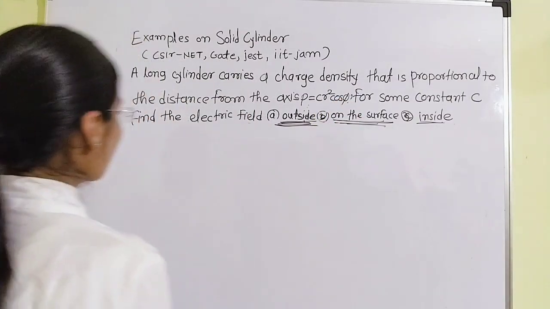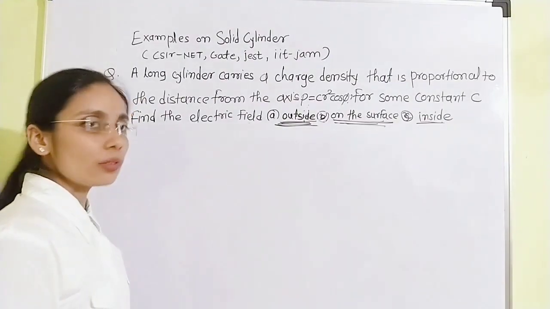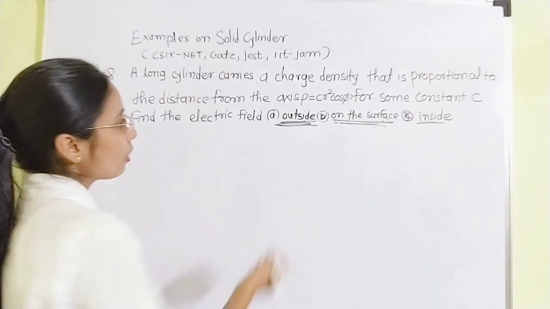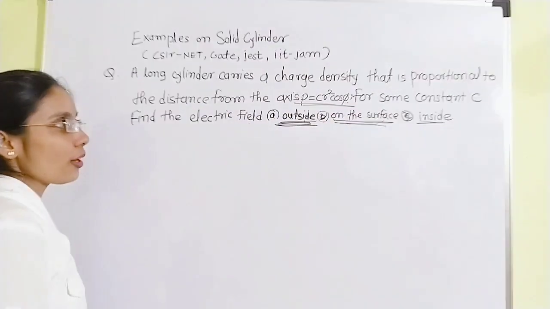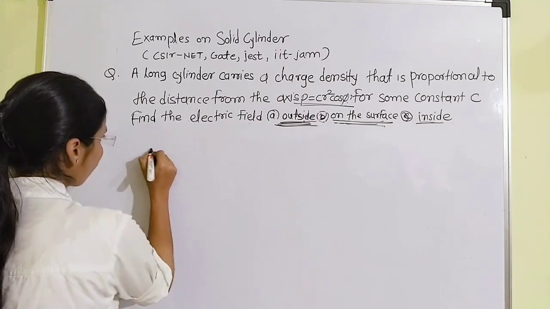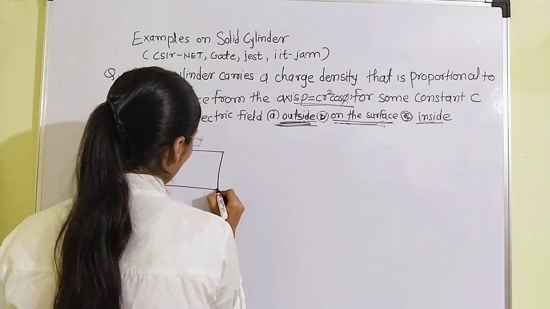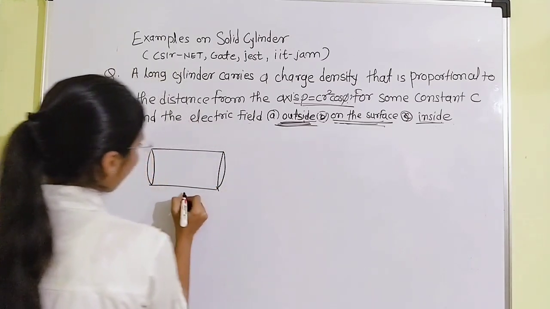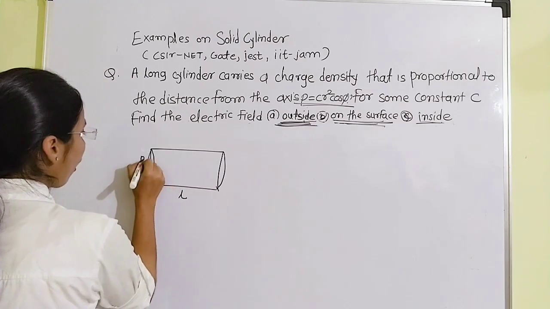So again we calculate the electric field outside, on the surface and inside. Now the value of rho is C r square cos phi. So again we have a cylinder and the length of this is L, the radius of this is R.